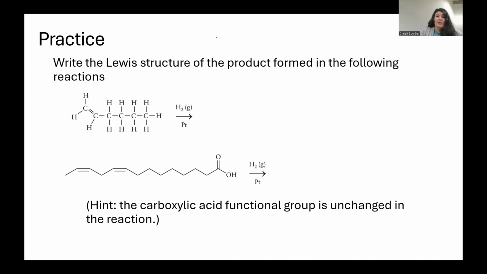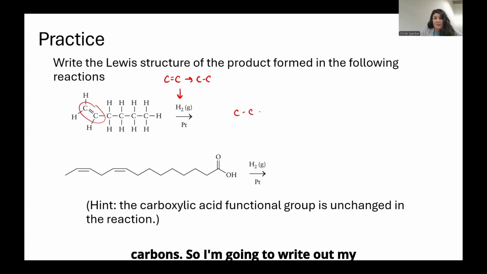Okay, so this first one is a catalytic hydrogenation, and we have our hydrogen gas and our metal catalyst. This is an alkene to an alkane, so it's going to convert this double bond to a single bond, and this structure has 1, 2, 3, 4, 5, 6, 7 carbons. So I'm going to write out my carbons: 1, 2, 3, 4, 5, 6, 7.